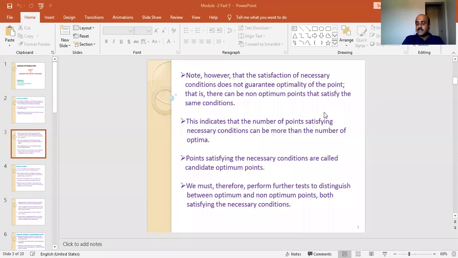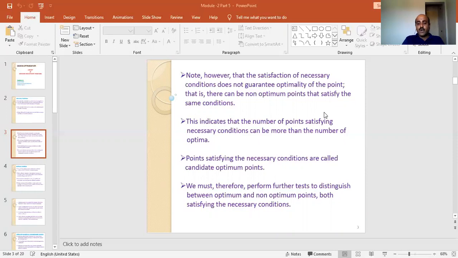But it does not mean that a point satisfying the necessary condition is an optimum point. There may be non-optimum points which also satisfy it. So once a point satisfies the necessary condition, we cannot conclude that it is an optimum point. Okay, so this is very important.